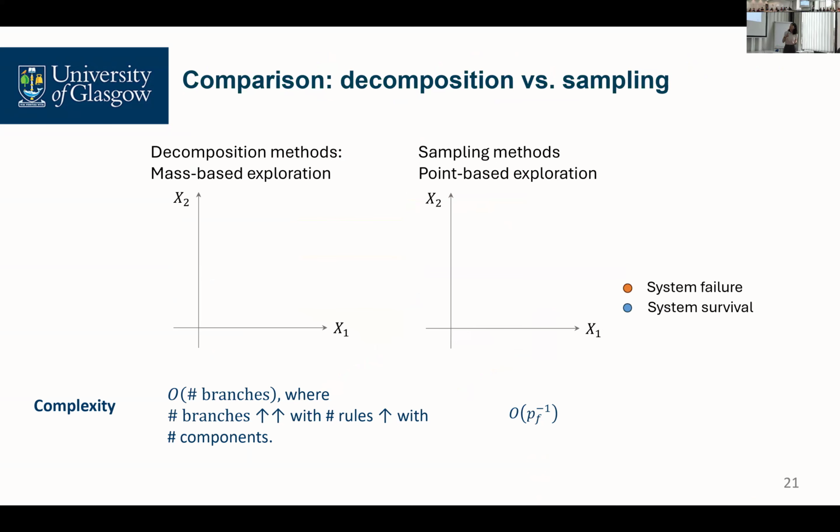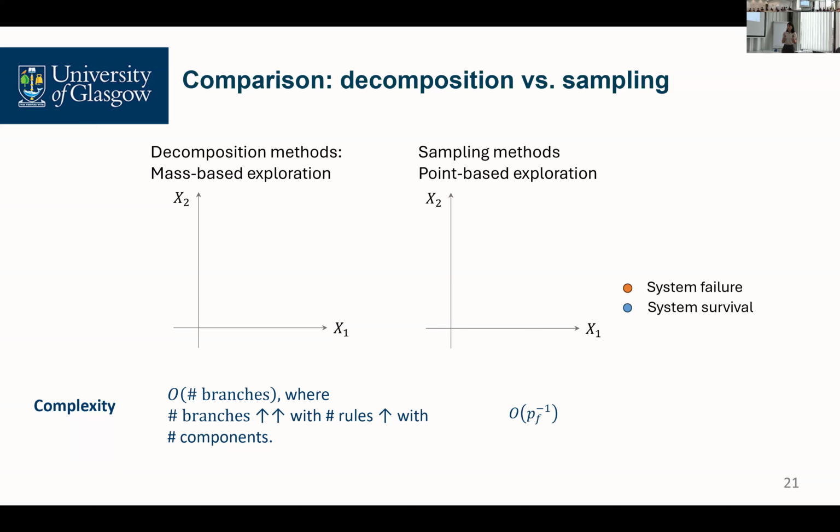Compared with sampling, which is the most common method in this area, the complexity is different in the case of the decomposition method. I have to mention that the BRC algorithm is based on the assumption that a system is coherent. In other words, worsening component states do not improve the system state.